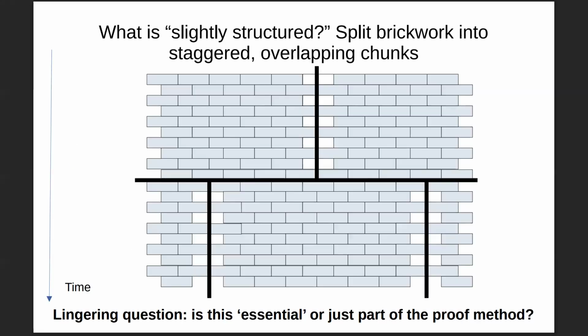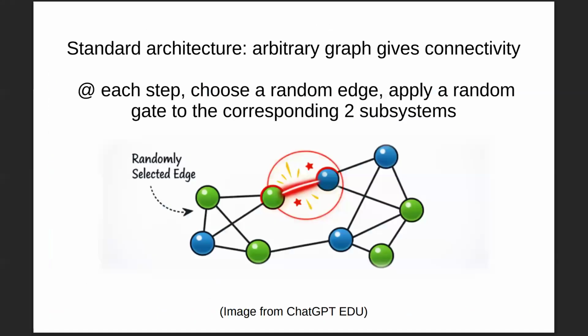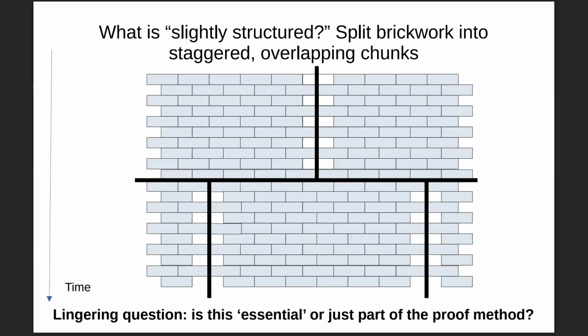So the next result was actually showing that at least if we're willing to bend a little bit on the notion of decay, we can patch this back to brickwork, or possibly back to the random gates on graphs model. And how did I do that?